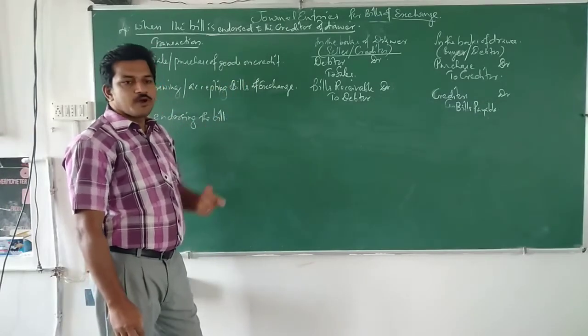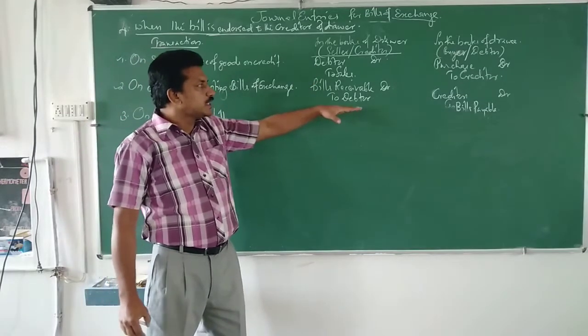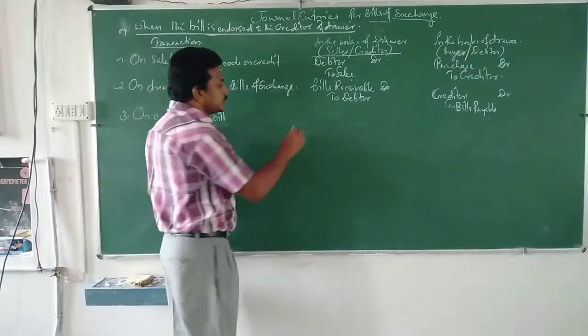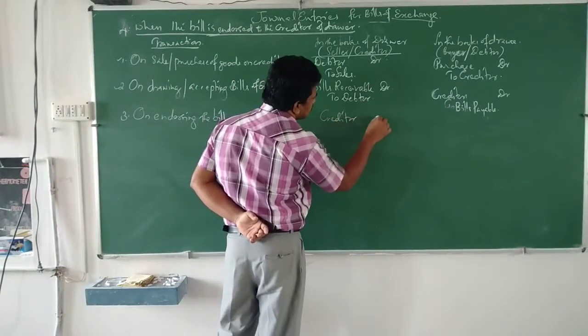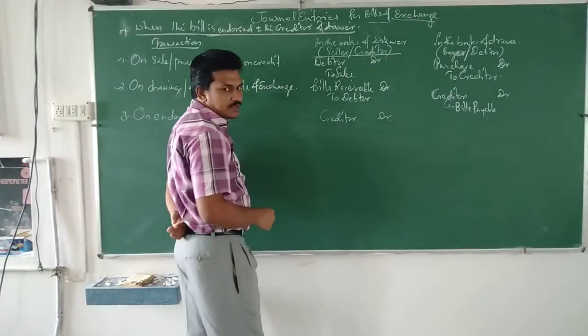In the books of drawer, this bill receivable will be cancelled, and his old creditor amount also will be cancelled. So we will write creditor debtor. Here creditor means drawer's creditor.